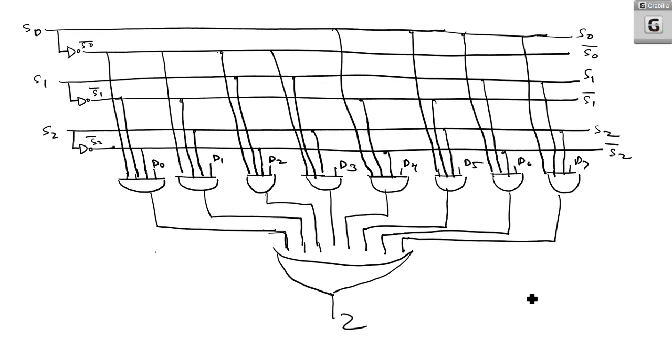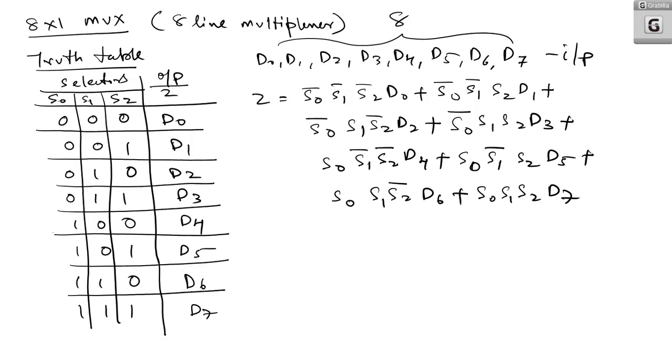So this is basically an 8 by 1 multiplexer. Here what I have realized is an 8 by 1 multiplexer. I hope you have understood the circuit of this 8 by 1 MUX.